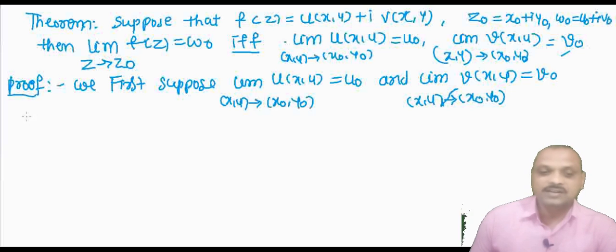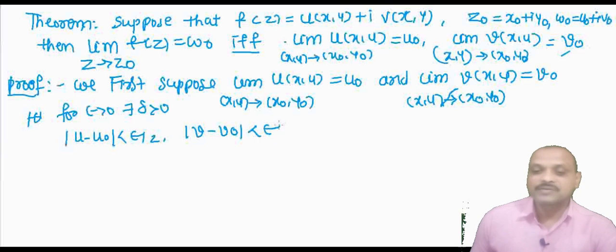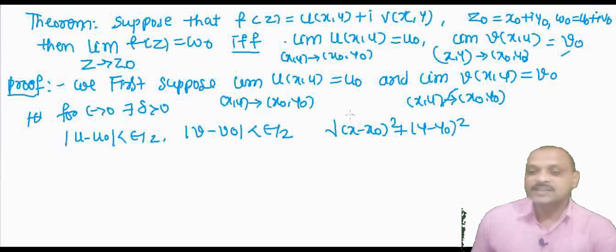That means epsilon delta: for epsilon greater than 0 there exists delta greater than 0 such that mod of u minus u0 is less than epsilon by 2 and mod of v minus v0 is less than epsilon by 2 whenever square root of x minus x0 whole square plus y minus y0 whole square is less than delta.